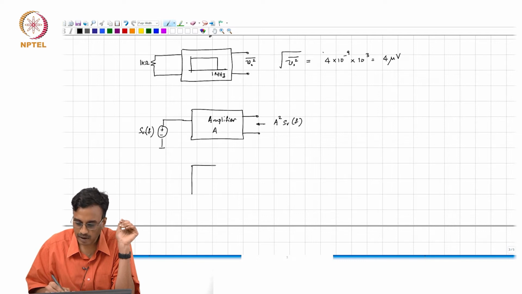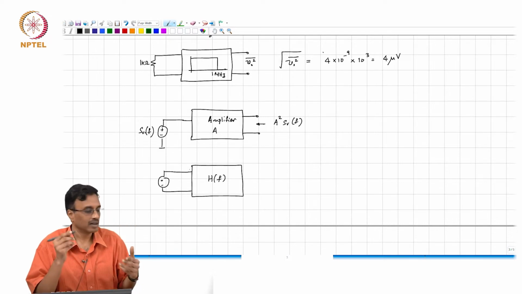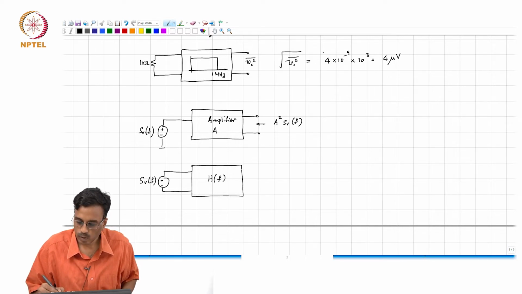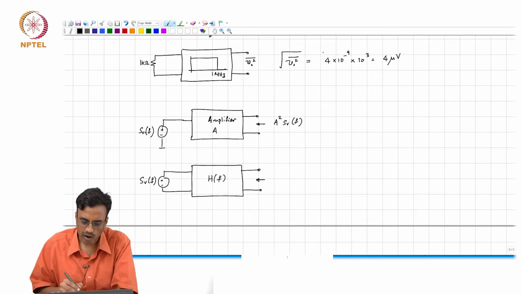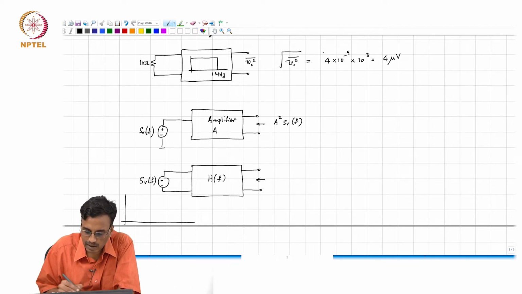Now, let us say I have a filter here with a transfer function H of f. I have a noise source, though I keep marking plus and minus. Remember that the mean is 0, so it does not really matter. The source has spectral density SV of f. What comment can we make about the noise spectral density here? Remember, what is SV of f? Let us say that this noise spectral density looks like this.